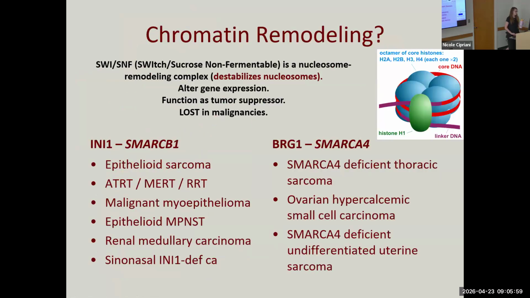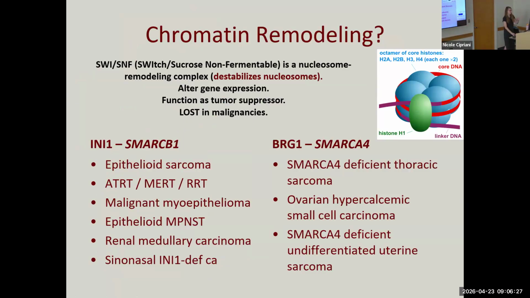Okay. All of your chromatin remodeling complex tumors are now blossoming. Again, if it's not INI1, it's BRG1, so we always do the two stains together. Some are more frequently INI1 or SMARCB1 than others, and others are more frequently BRG1 or SMARCA4, like the thoracic sarcomas, your ovarian hypercalcemic small cell carcinomas, and some of your uterine sarcomas tend to be more SMARCA4.